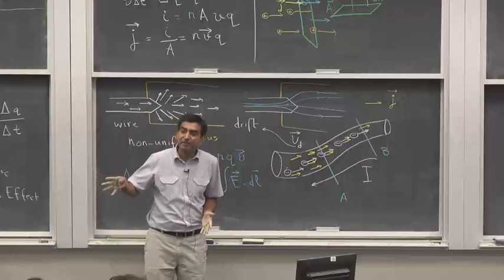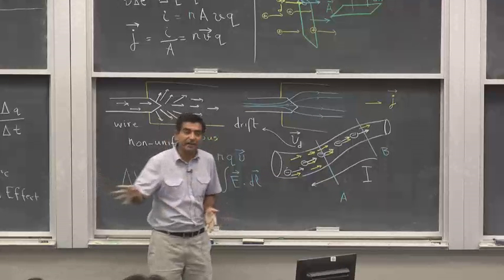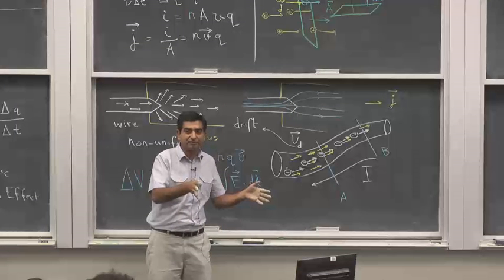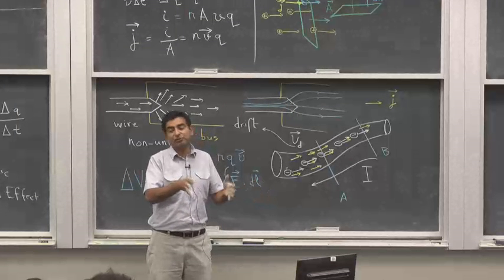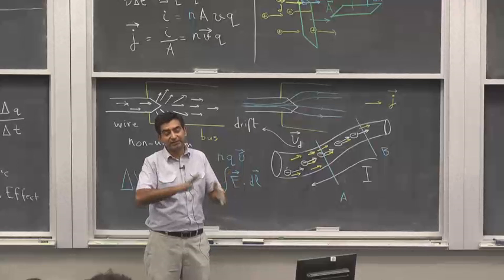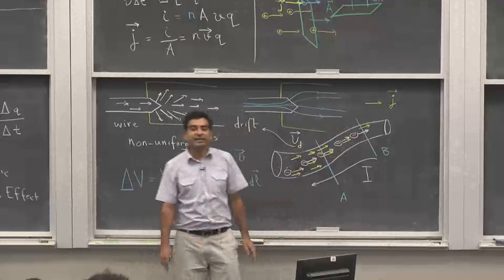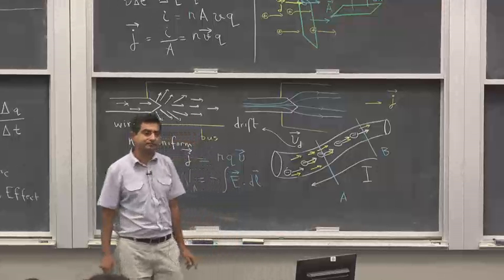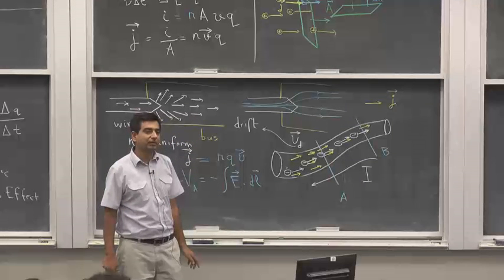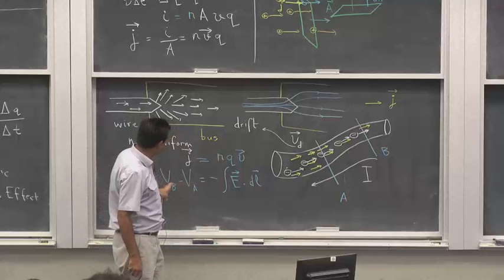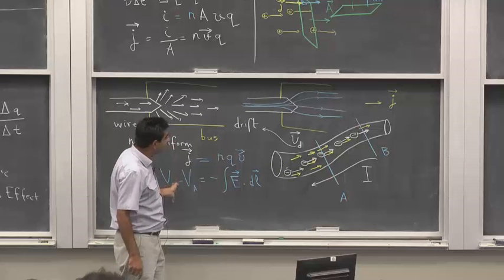The electric field will apply a force on the electrons, which will accelerate and cause their velocity to change. The velocity is not really changing, for a reason which I'm going to explain, but there is an electric field set up inside this medium. Now, this means that this difference is non-zero.